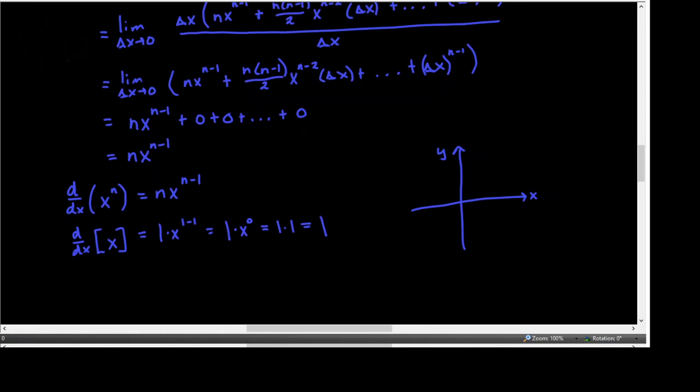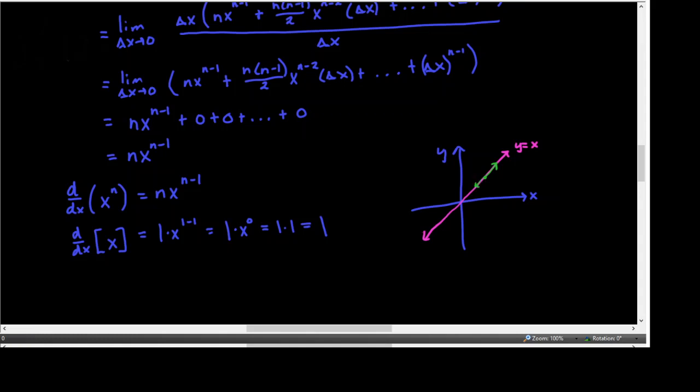Y equals x. Oh, well, I missed. Yikes. Y equals x. Looks like that. And the slope of the tangent line at any point that I want to pick, like this one right here, will actually be the same as the line itself, because the tangent line to a line is the line itself.